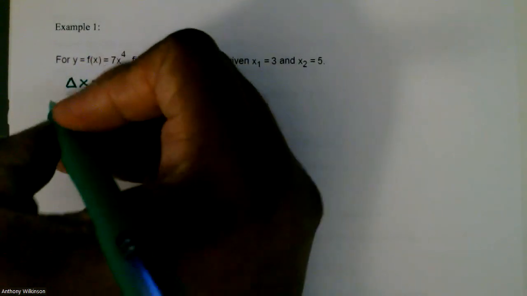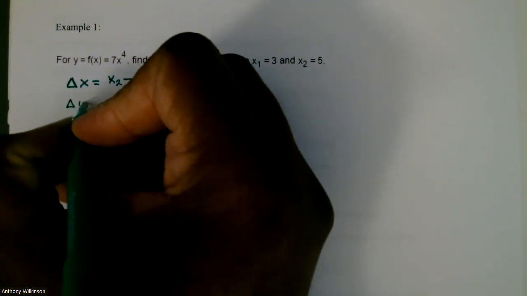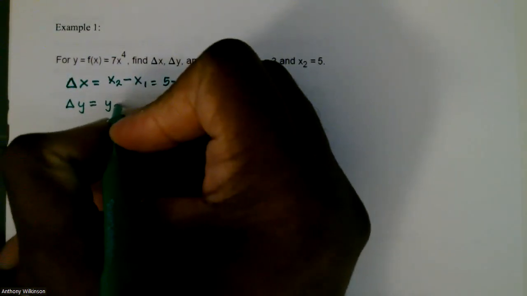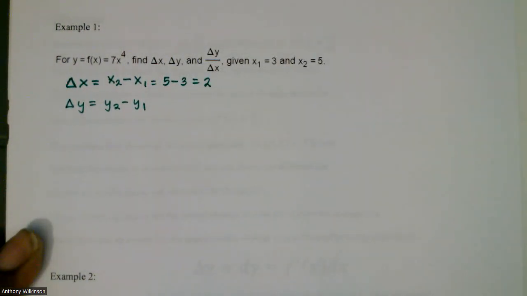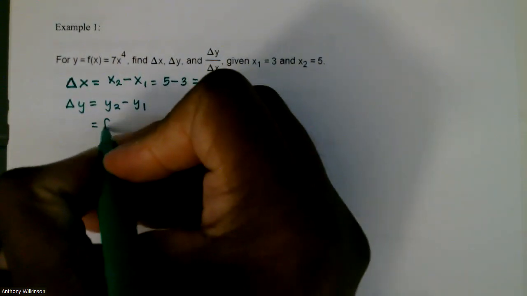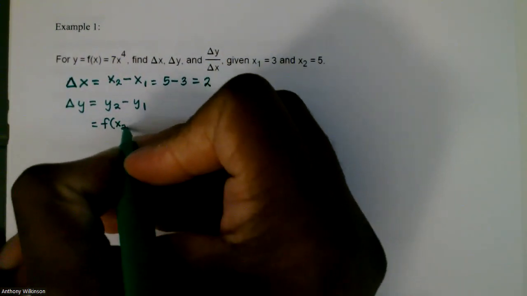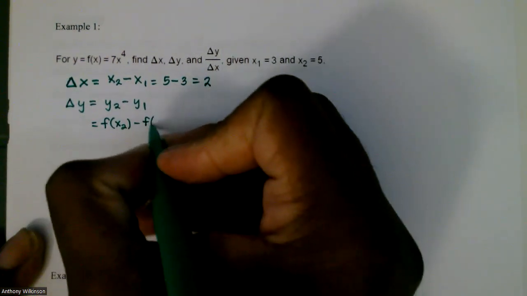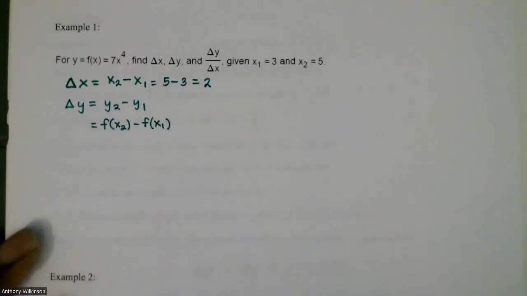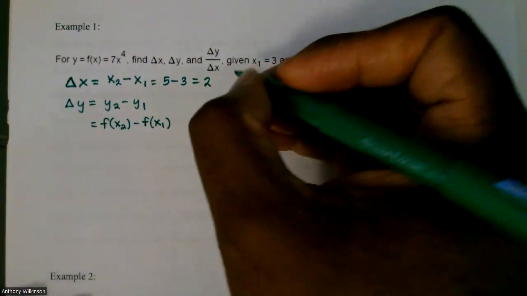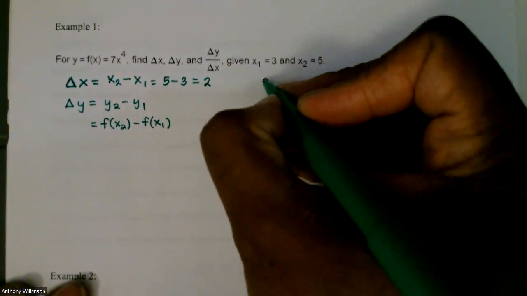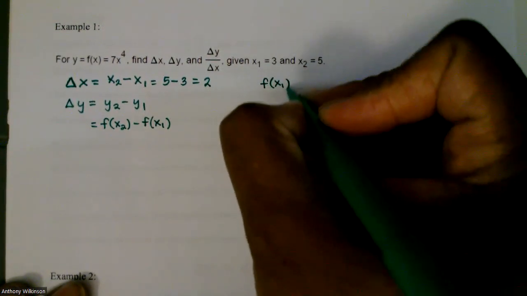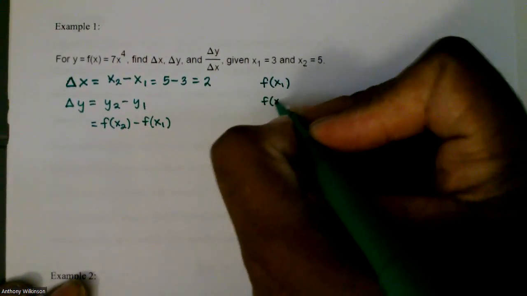Now we're going to need to find the change in y. Of course, the change in y would be y2 minus y1, or we can say f of x2 minus f of x1, because y and f of x mean the same thing. So in this case, we need to find out what f of x1 is and what f of x2 is.